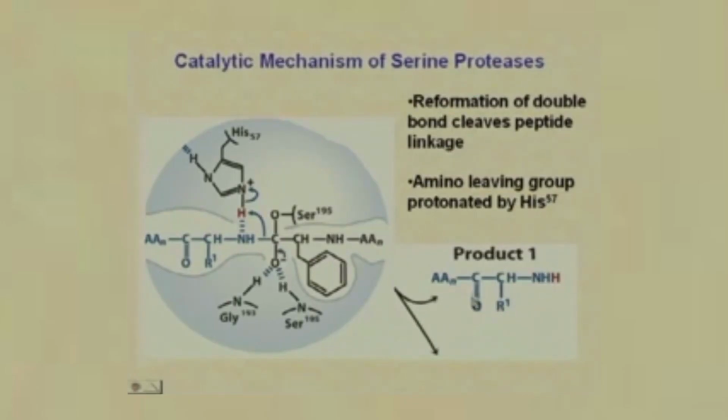So, what do we have? We have the amine part of the polypeptide chain forming the product that is cleaved off.